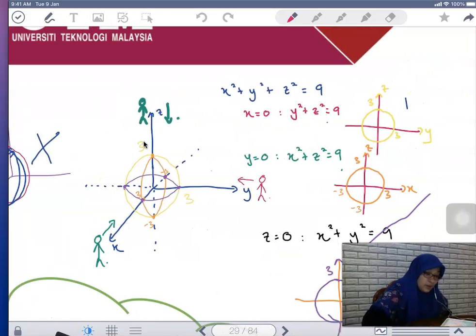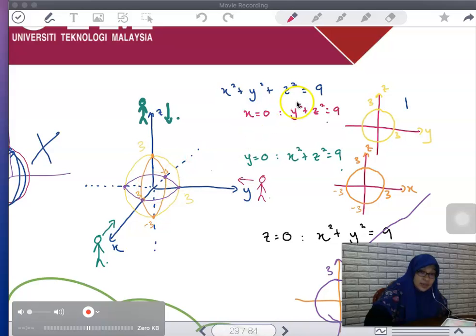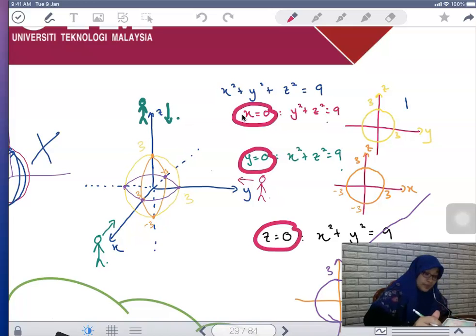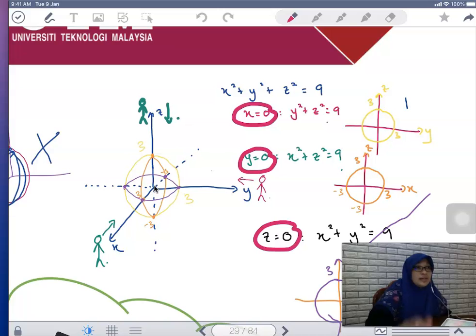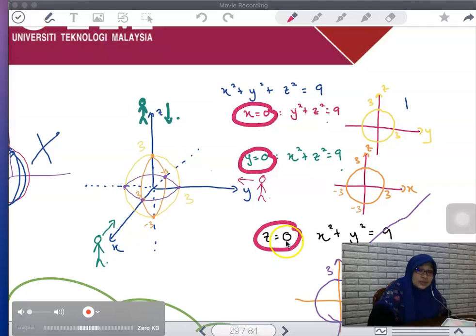The graph is passing through the front wall, the left wall, and the floor, because it is centered at the origin and lies along the coordinate planes, which are x equal to 0, y equal to 0, and z equal to 0.